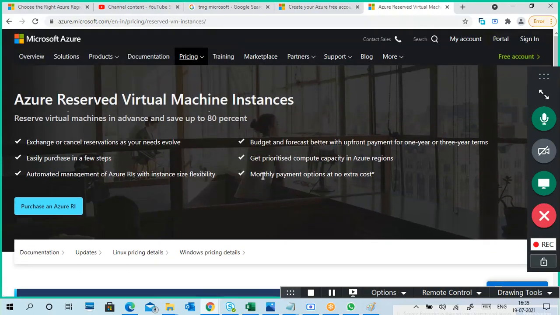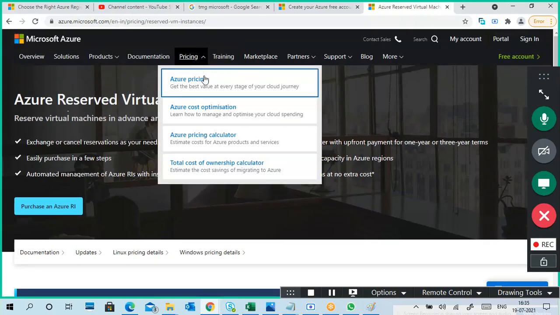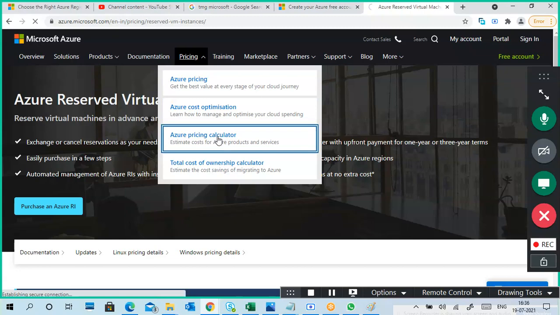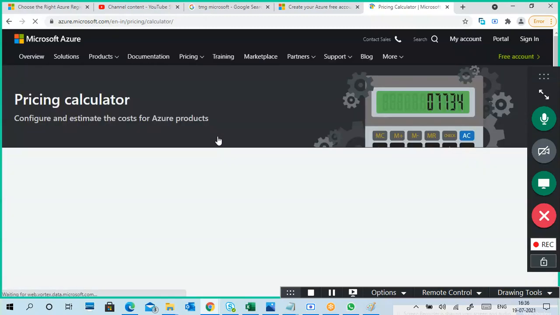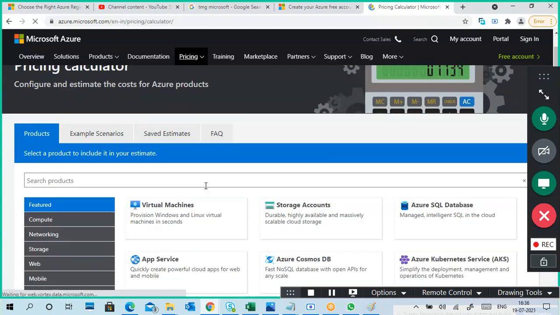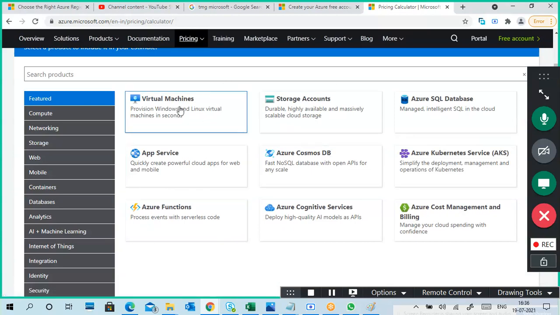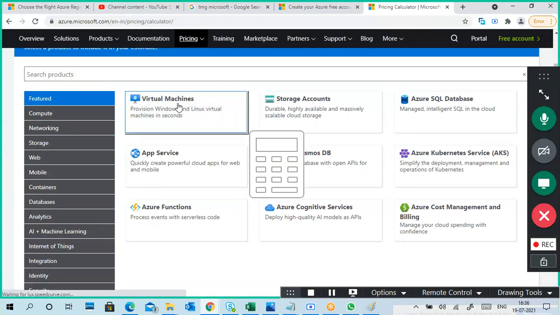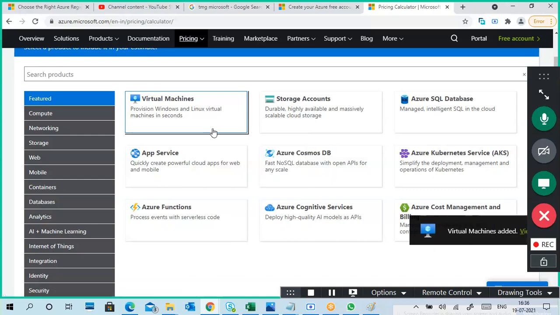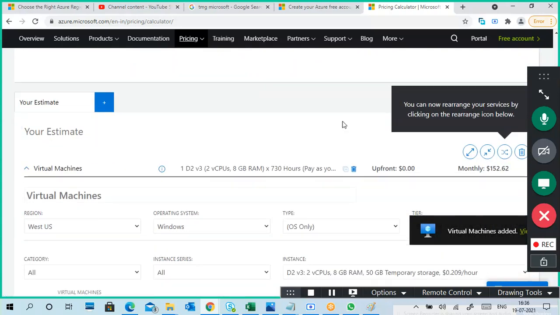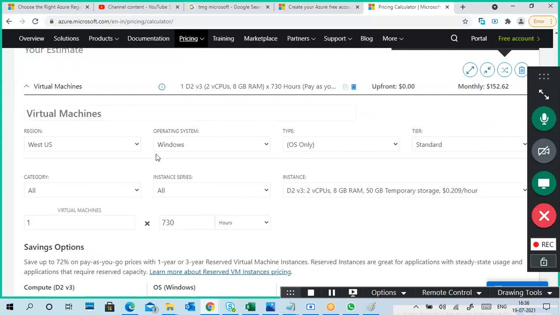Linux price details, documentation, pricing, pricing calculator. This is the pricing calculator. I want a virtual machine, so I click on virtual machine, and it is added. Now it shows what kind of virtual machine.